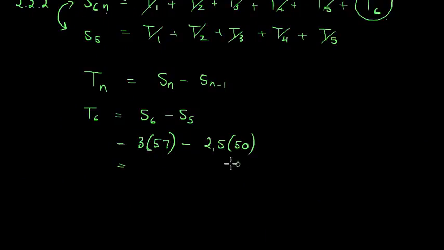And so I try and do it without a calculator. That gives me 171 if I multiply this out, minus 2.5 times 50. You could just take a 2 out, that will leave 25, and this will make it 5.